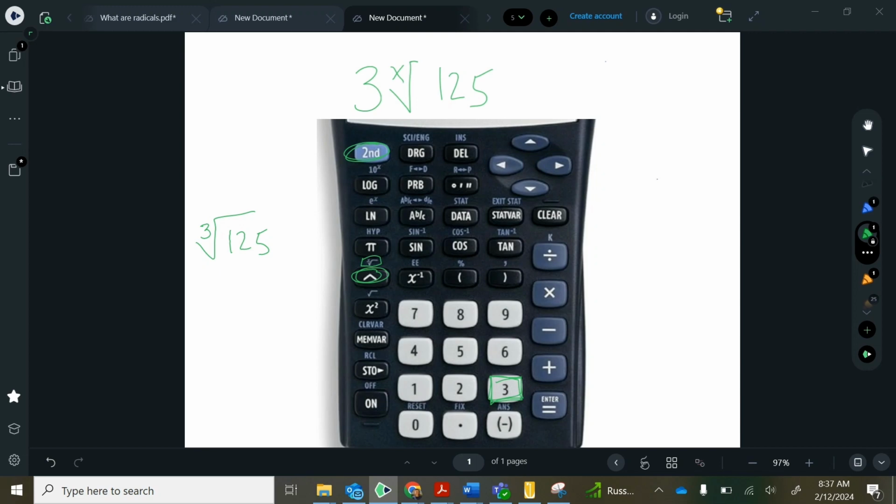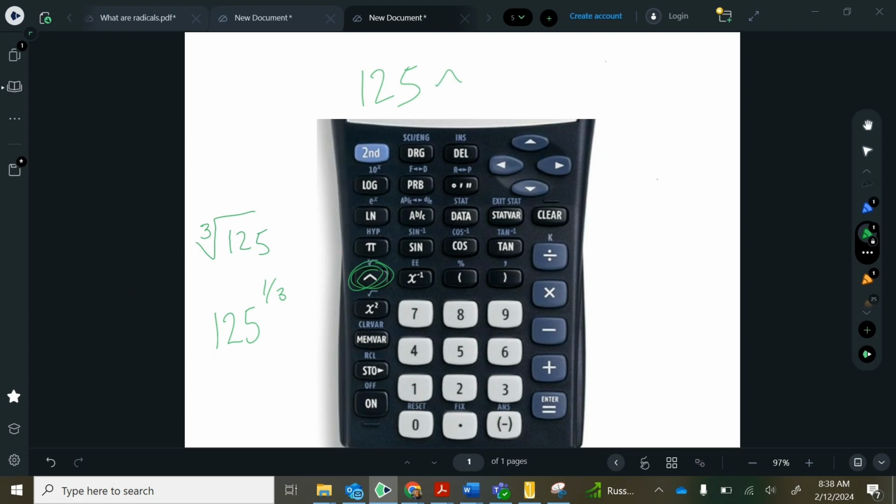And I guess while we're doing this, let me just tell you, if you want to do exponential form on the calculator, so let's say you want to type in the equivalent expression in exponential form. When you type this in, 125, then you hit the exponent button.